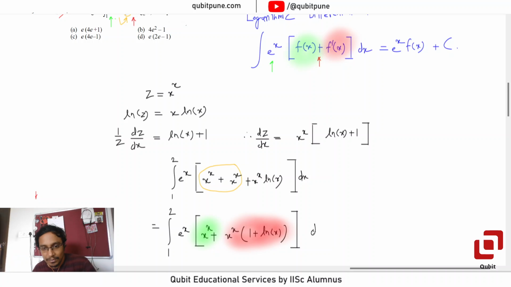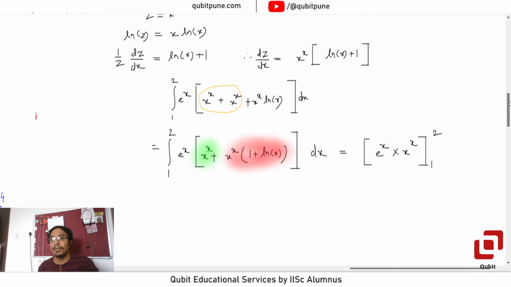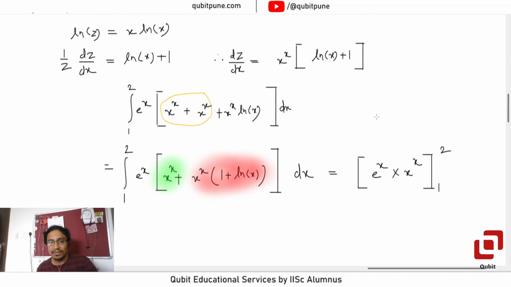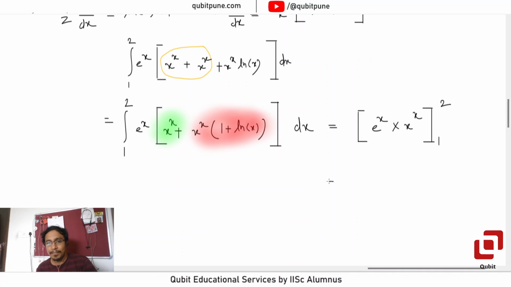So finally it becomes e raised to x into x raised to x, integral 1 to 2, and then you can very easily compute it. Yes, can you do that? 4e squared minus e.